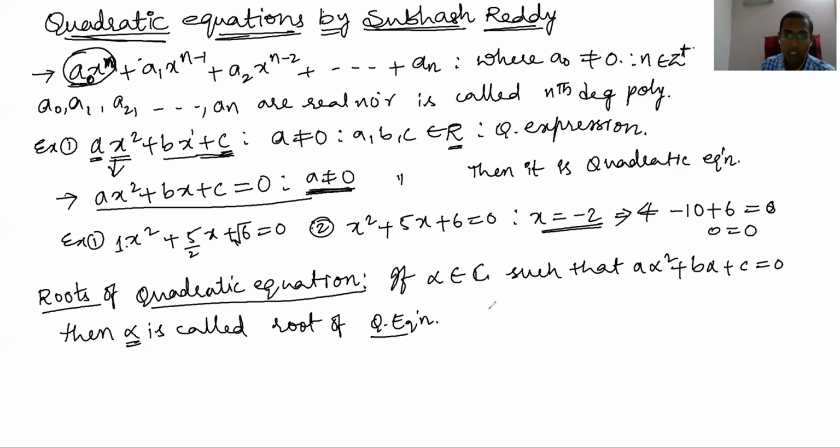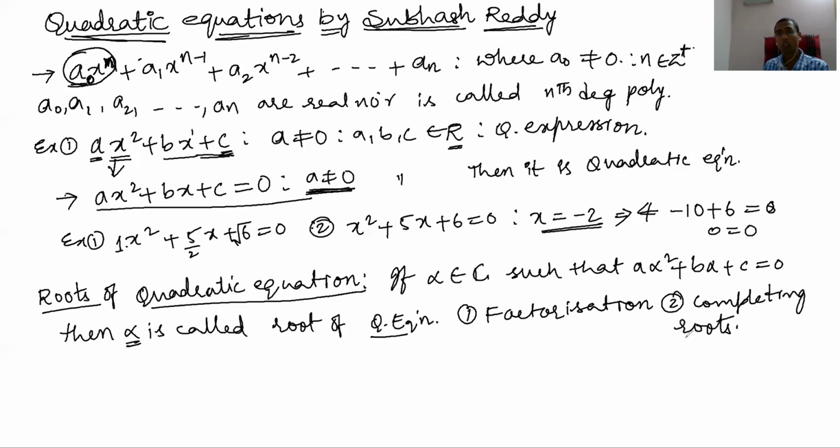So what are the three ways? One is factorization, which you learned. Second is the completing the squares method, which you learned.